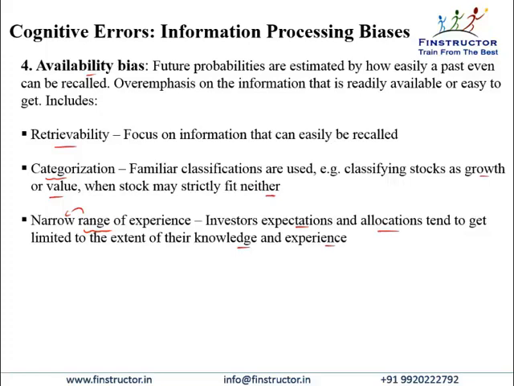We may be hesitant to include private equity, or we may be hesitant to include venture capital because we have no experience and no information about those returns. So because we want to stick to available information, we keep our portfolio in stocks and bonds because we have more experience with them, we can easily categorize them, the information is easily retrievable.